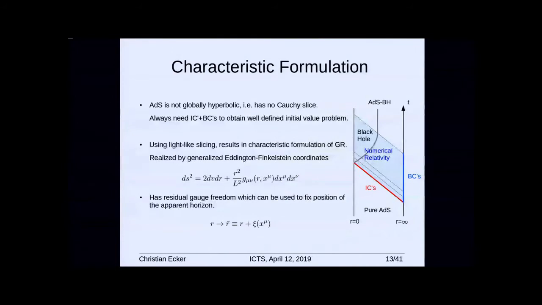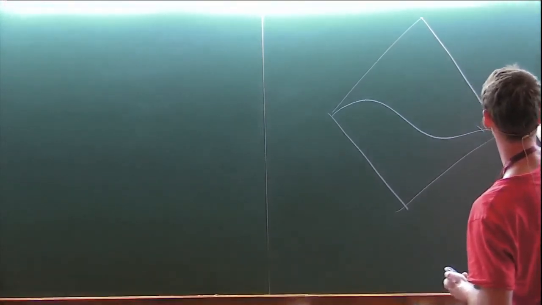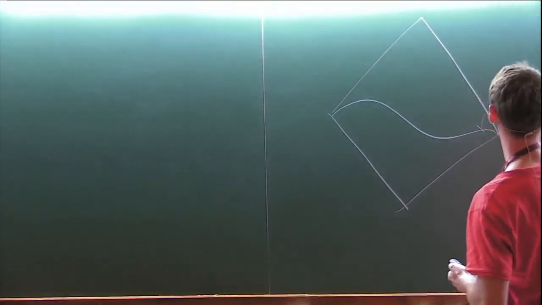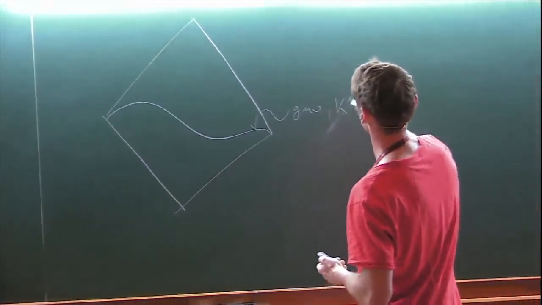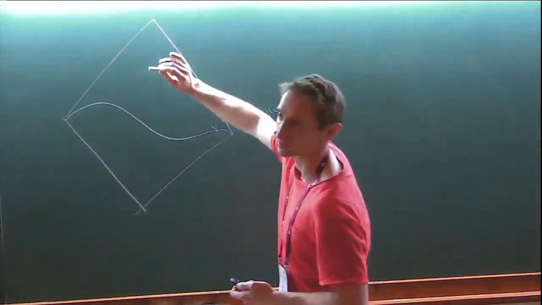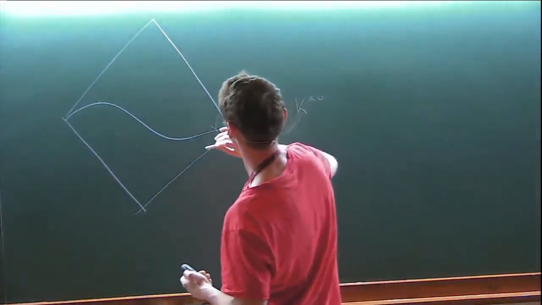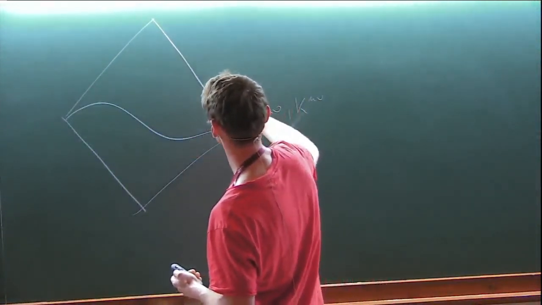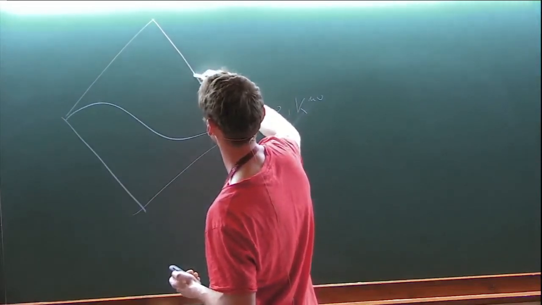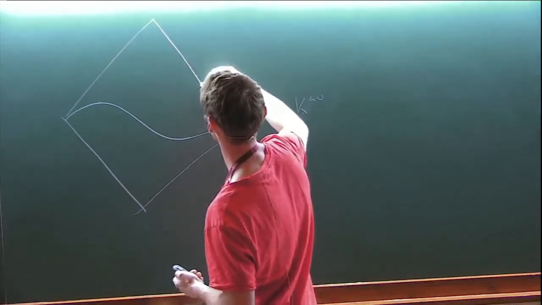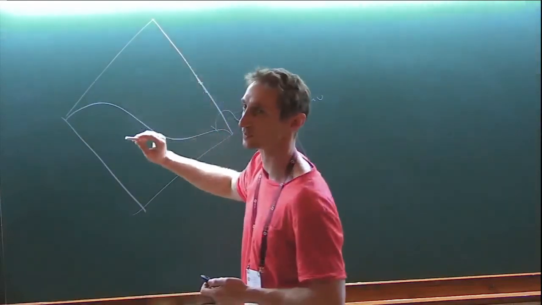You always find a Cauchy slice. In that sense, when you provide initial data like the metric on one of these slices and the extrinsic curvature on this slice, the whole time evolution is fixed. Because the point is, whatever happens at the boundary of the spacetime cannot influence the interior of the spacetime.